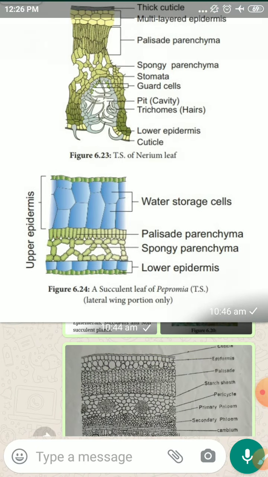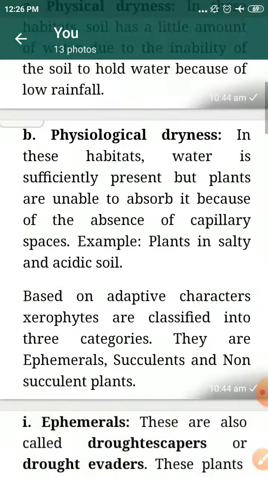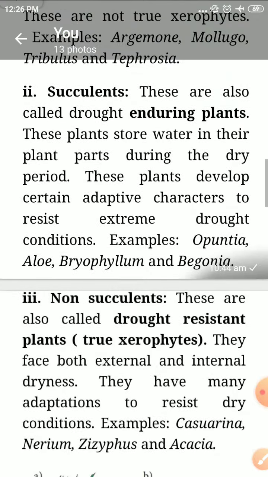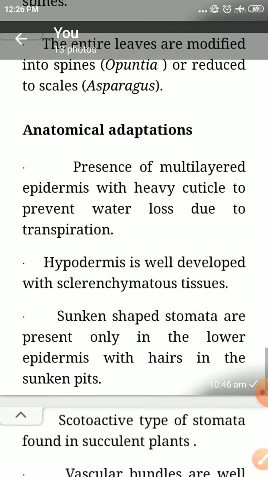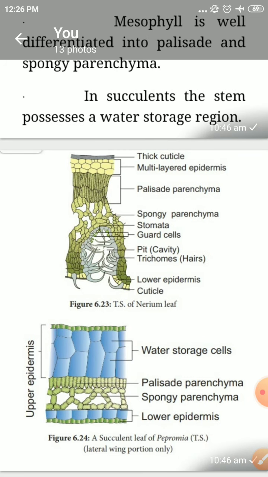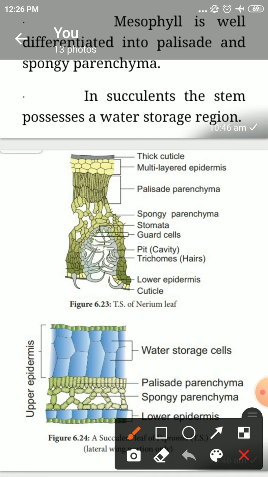Now beside this, for example in the succulents, as we have discussed, there are water storage tissues. Water is stored in the water storing tissues. Suppose over here, these are the water storage cells.